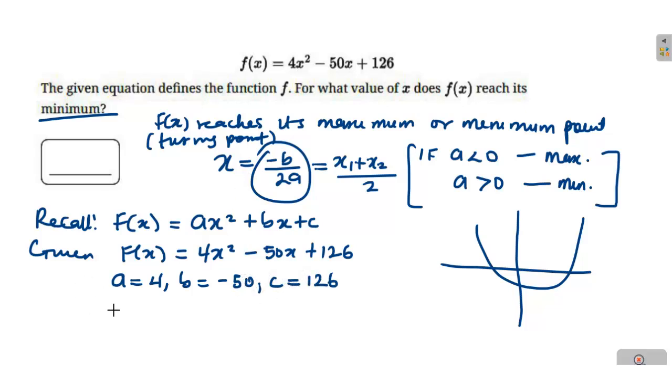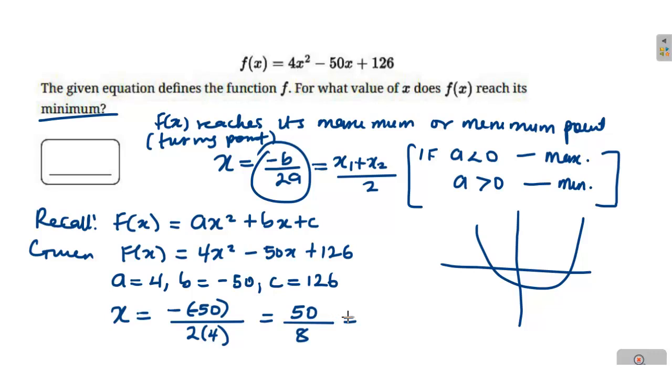If we plug it in here, we have x is equal to minus b, that is minus into bracket minus 50, over 2 into brackets a, and that is 4. Minus times minus is plus, so this will give us 50 over 2 times 4, that is 8.